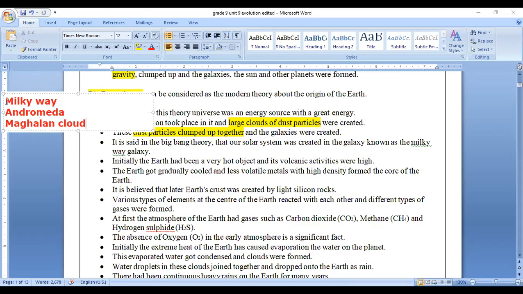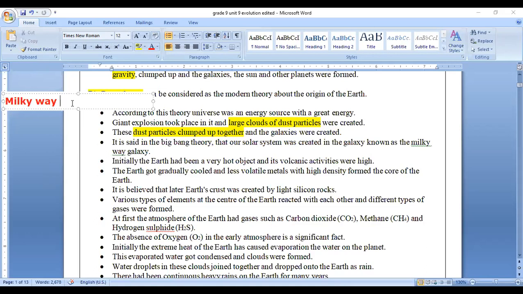Okay, like this, there are many more galaxies in the universe. Understood? Anyway, you don't want to know details regarding Andromeda or Magellan Cloud. You only want to know about whom? Milky Way. The Milky Way galaxy.